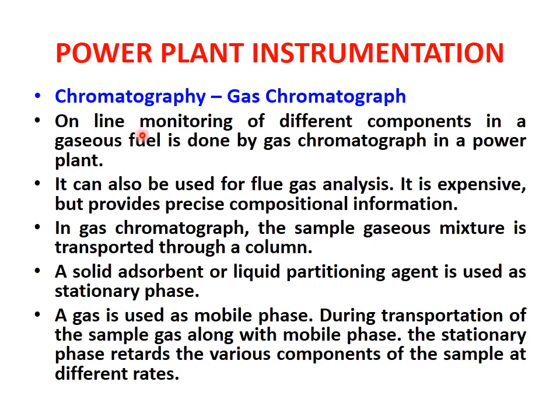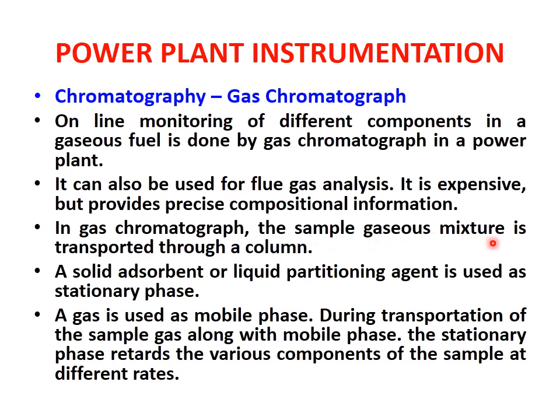This online monitoring can be done with the help of a gas chromatograph. It can also be used for flue gas analysis, as we have explained just now. It is expensive but provides precise compositional information.